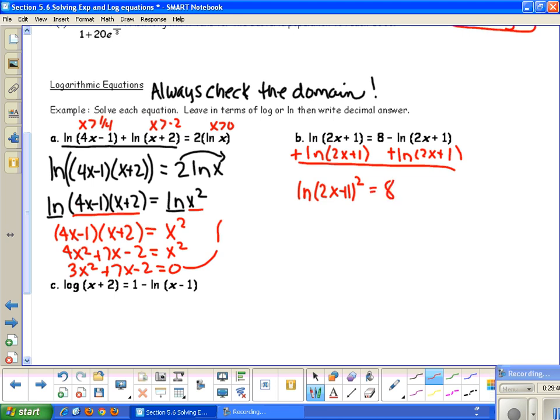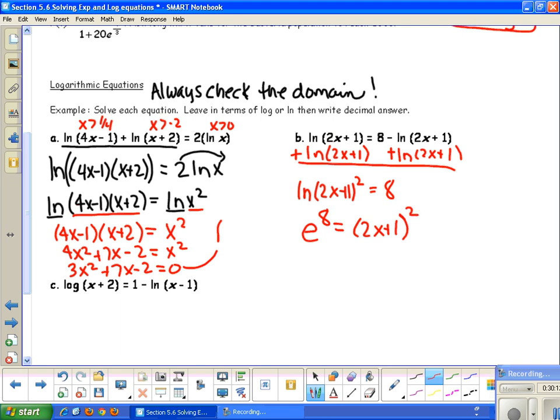So then in order to solve this, we're solving a natural logarithmic problem, so I'm going to have to write this in exponential form. The base is e, so e to the 8th power equals (2x plus 1) squared, so that's 2x plus 1 times 2x plus 1. If I want to continue to solve this, since I have two of them, instead of writing it like this, I'm going to leave it as the squared.